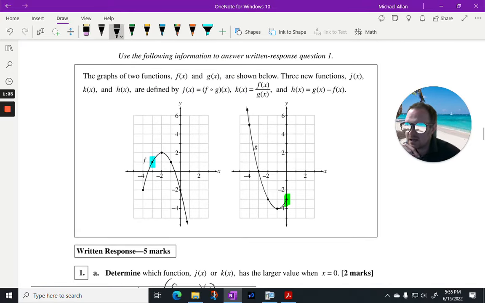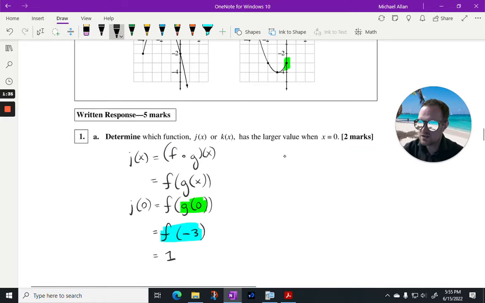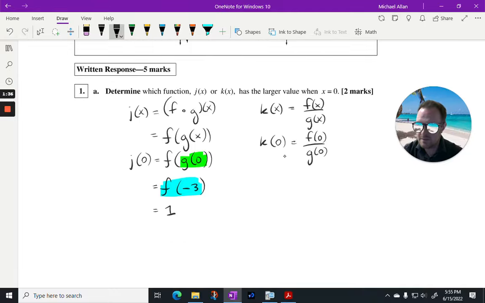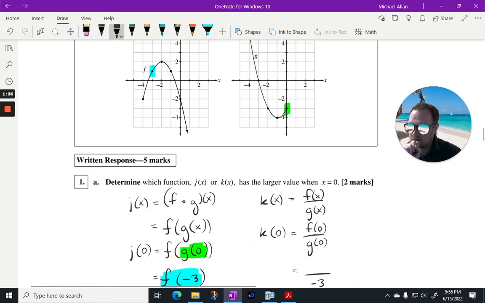So k is the division of the two things. So k, I'm going to write it out first, is f divided by g. But I want to find k of 0, so I'm going to find f of 0 divided by g of 0. Now I found g of 0 already, so g of 0 was -3, but what is f of 0?